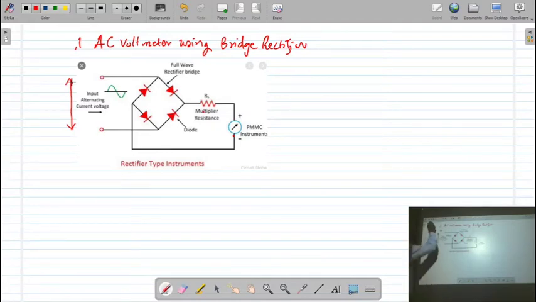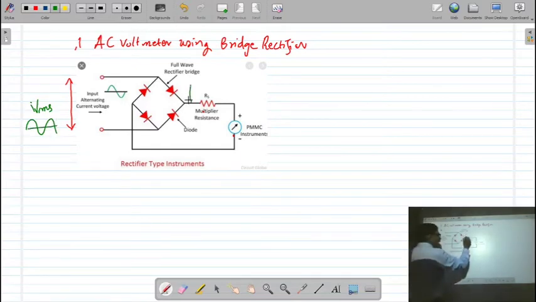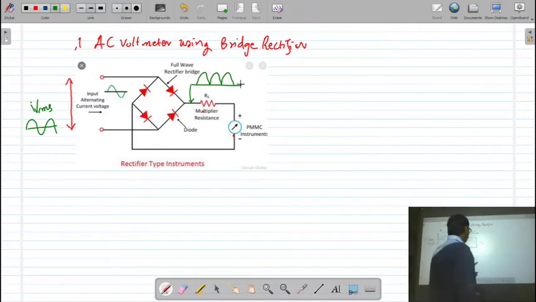So my input voltage is a VRMS. We apply it here. Then the rectifier is converting your AC voltage into a DC voltage. Here my AC voltage is like this. But if you look at the voltage at this point, it is a rectified output. Now how the bridge rectifier is working, that I am not discussing. But the output voltage will be this.